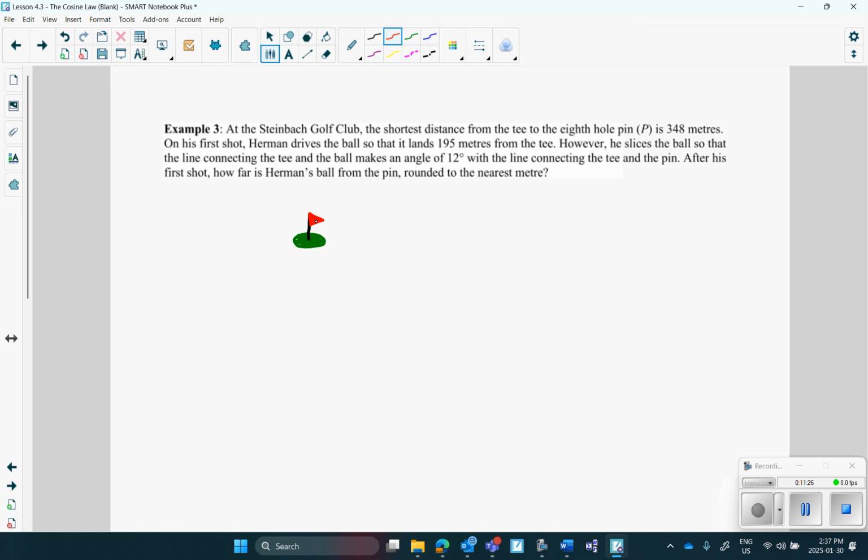So, and then we've got a tee box over here. And the distance from here to here, my tee box over here, is 348 meters, although with golf we usually see yards.